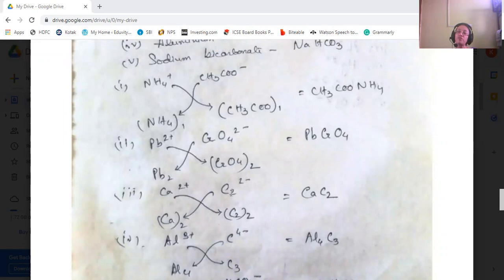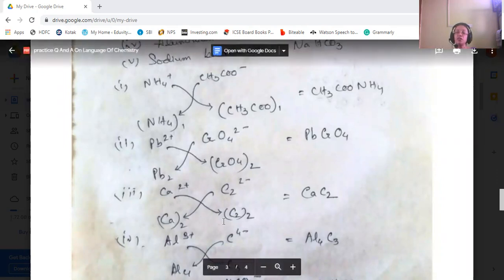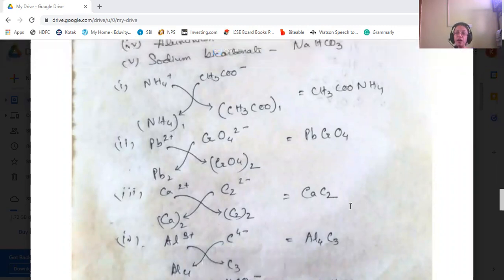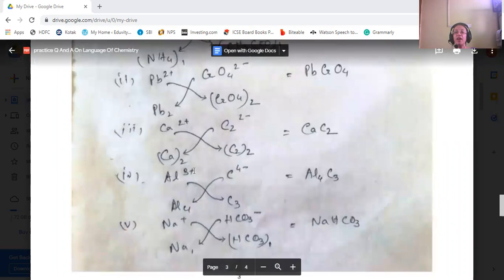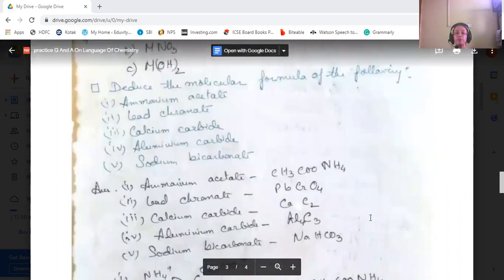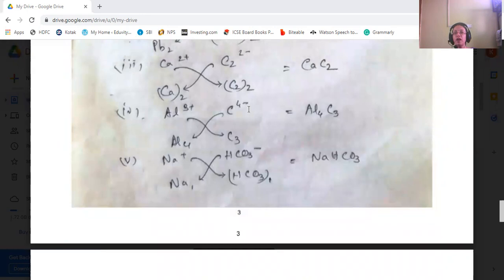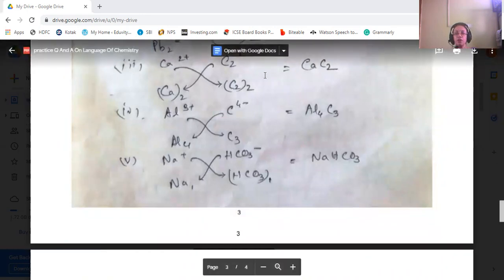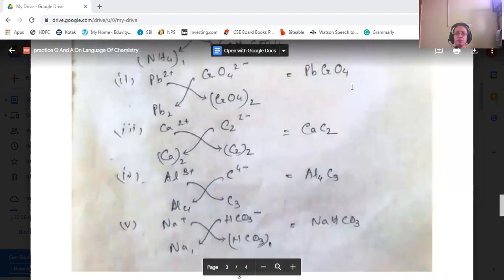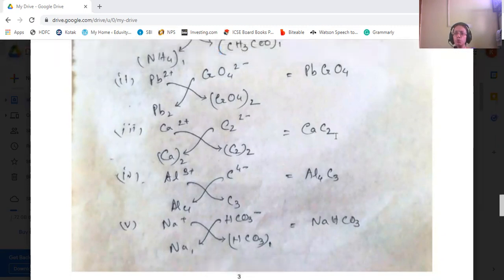Carbide has a formula of C2 minus. I'm sorry, there's something wrong.